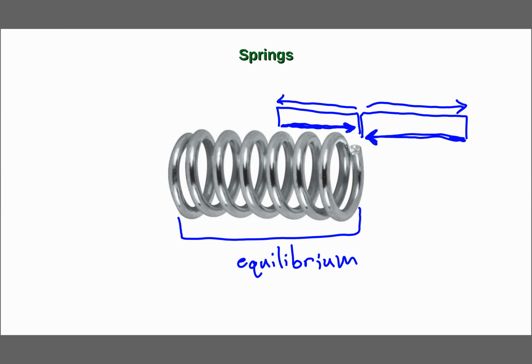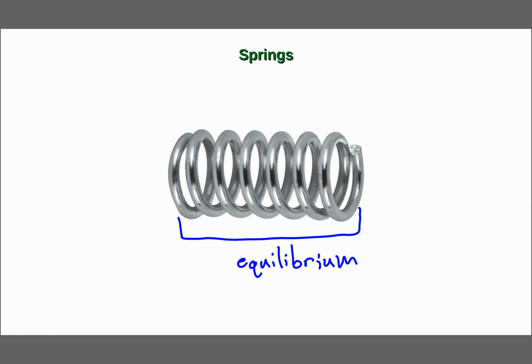There's no net force on you. This is tied very closely to Newton's first law. Remember that things will keep their velocity unless there's a net force acting on them. And this equilibrium point can be with some velocity, with some speed, but oftentimes when we think of equilibrium, we think of things with zero velocity, like this spring just sitting here. And we call this its equilibrium point.